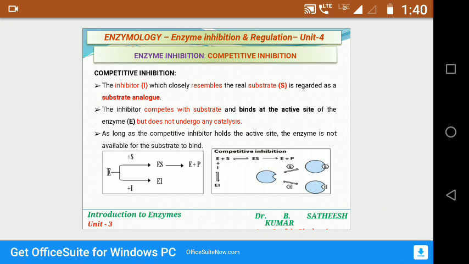If we increase the concentration of substrate, then once again the enzyme will be active. That is why it comes under reversible inhibition. And as the inhibitor is competing with the substrate for the same active site, it is called competitive inhibition.